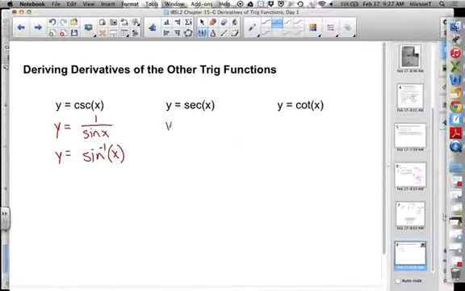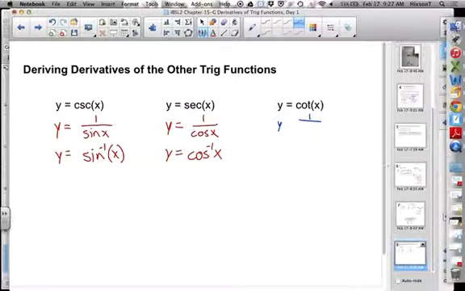So, with that being said, how would I write secant? 1 over cosine, which is cosine to the negative 1. Okay? And then how about cotangent? 1 over tangent.